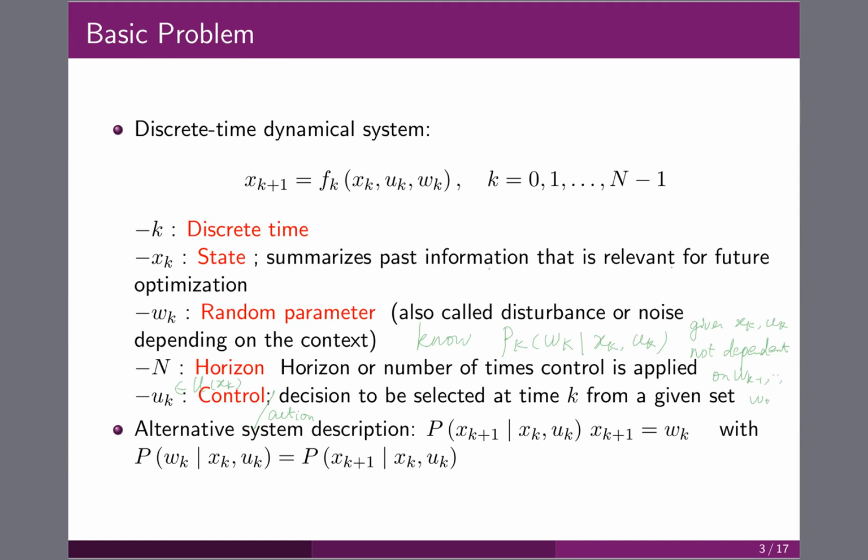Alternatively, to describe this dynamic system, we can also use probabilistic language. We can use the transition probability to describe the state dynamics if the state belongs to a finite set.